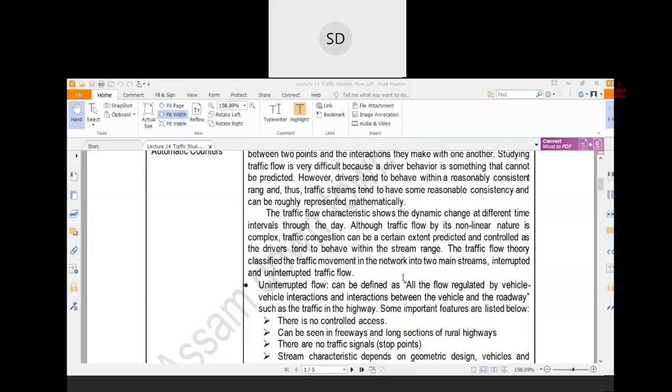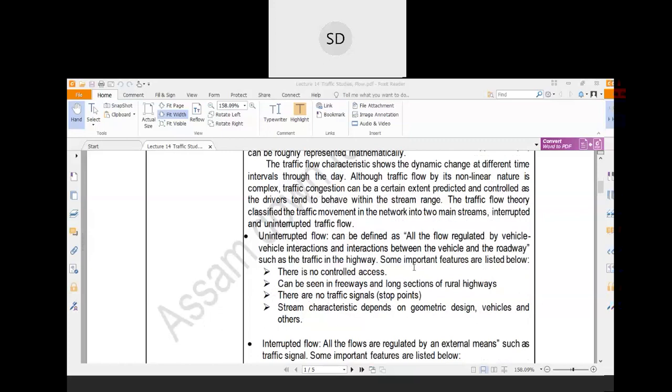In traffic flow theory, there are two types of flow. One is uninterrupted flow and another is interrupted flow. Uninterrupted flow, as the name suggests, is traffic flow which is not interrupted by any disturbance. Here there would be no control access, meaning no signals, nothing.